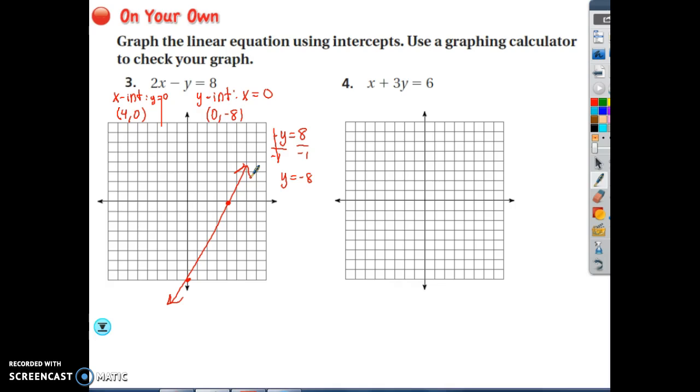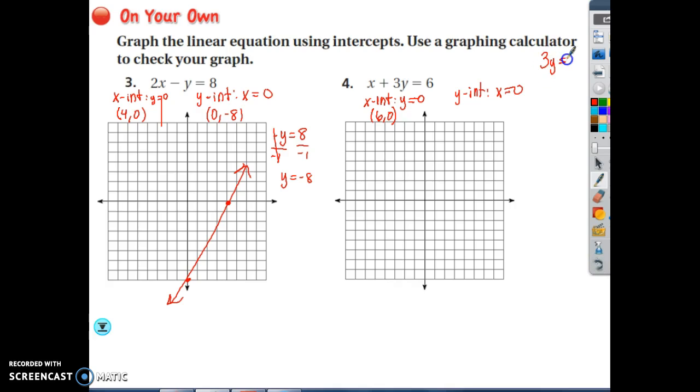Number 4. For x-intercept, I'm going to let y equal 0 again. When y equals 0 and this goes away, I've got x is equal to 6. So then 6, 0 is my x-intercept. For my y-intercept, I'm going to go ahead and let x equal to 0. And when I do that, my x term goes away, and I have positive 3y equals 6.